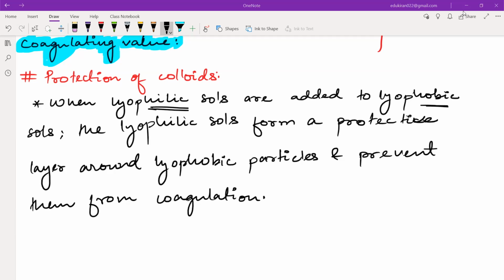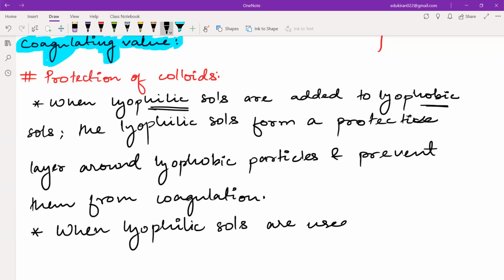When lyophilic colloids are used for this purpose, they are known as protective colloids or protective salts.